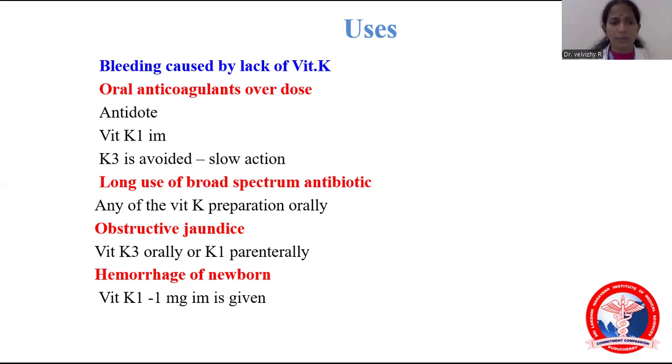Here any form can be given; oral itself is enough. In case of obstructive jaundice, we can give K1 parenterally, or if you want to go for an oral preparation, then always go for vitamin K3. And if there is a preterm baby, or hemorrhagic bleeding manifestations in a newborn, we go for vitamin K1. So these are the overall uses of vitamin K: prolonged use of anticoagulants, prolonged use of broad spectrum antibiotics, obstructive jaundice, and preterm or newborn babies with bleeding manifestations.